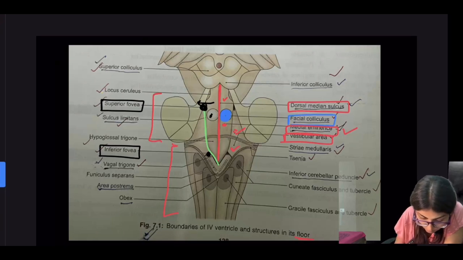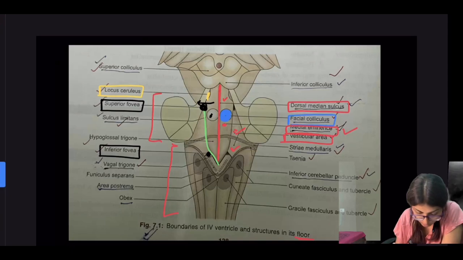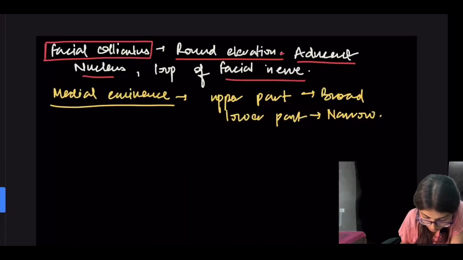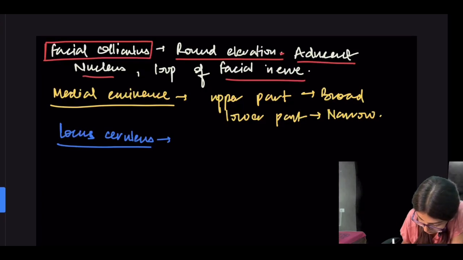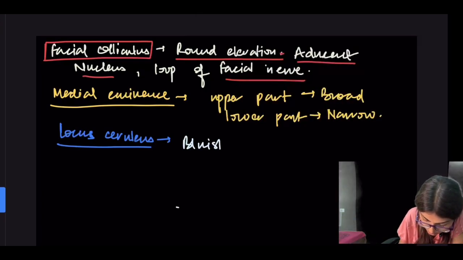Above the superior fovea, this is the locus ceruleus. Locus ceruleus is a bluish part.